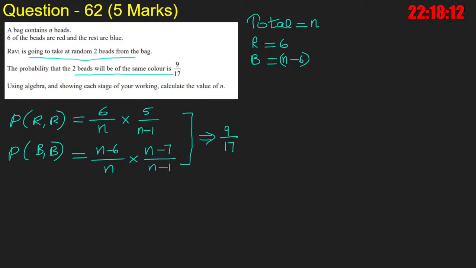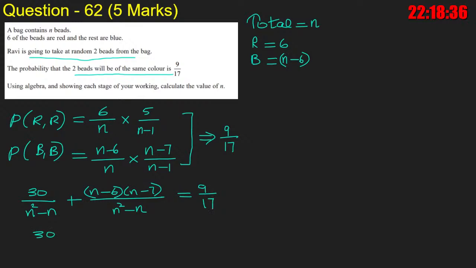How to add? 6 times 5 is 30 over n squared minus n, plus n minus 6 times n minus 7 over n squared minus n, equals 9 over 17. So 30 plus n squared minus 7n minus 6n plus 42, over n squared minus n, equals 9 over 17.